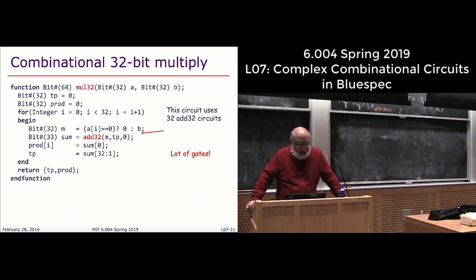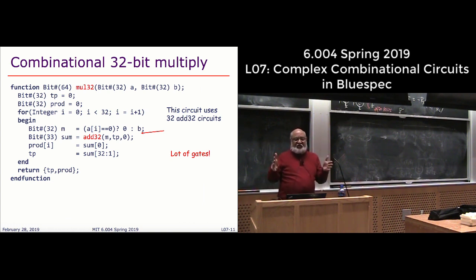Okay, and then I can take this m and I'm adding it to the temporary product, and the input was 0. The carry in for this adder was 0 in this case. Does the next slide make sense? Prod[i] equals sum[0].